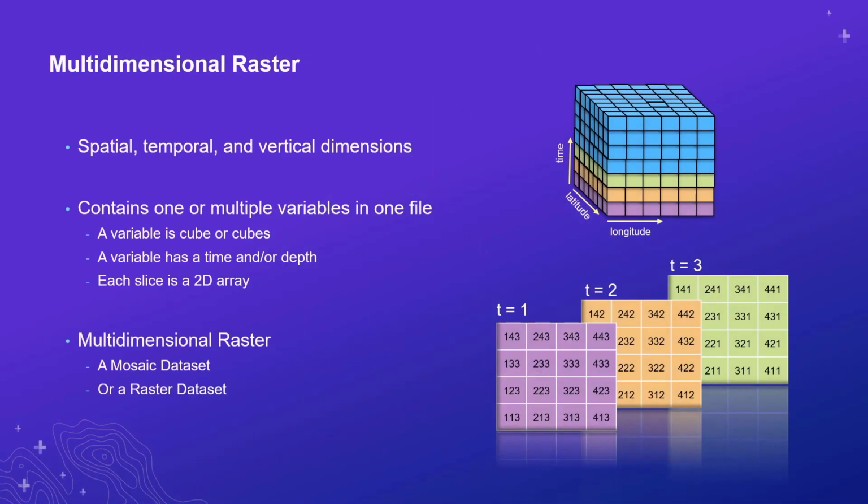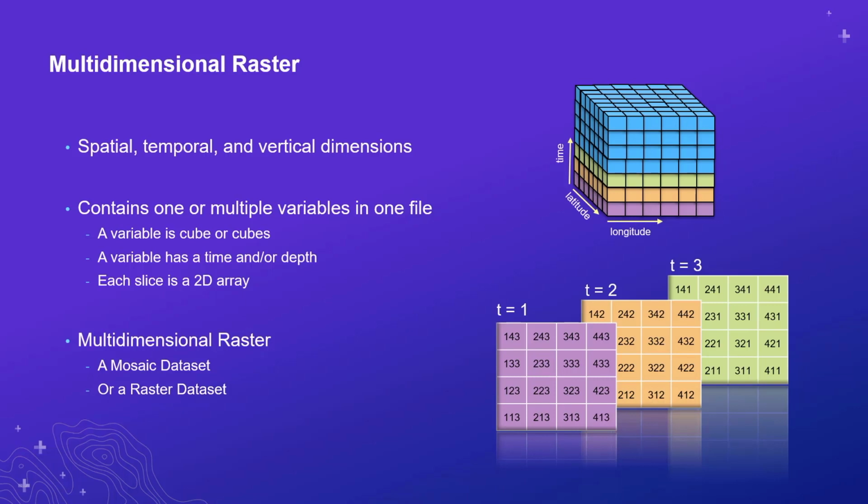So before we move forward, let's take a closer look at multidimensional raster. This is a raster that has temporal and vertical dimensions, which means it could change over time or it could change over depth or both, which means it becomes a cube or hypercube where each axis is a different side of the cube, right?